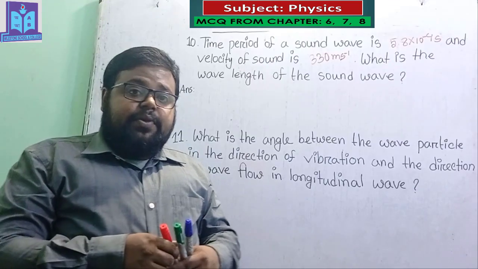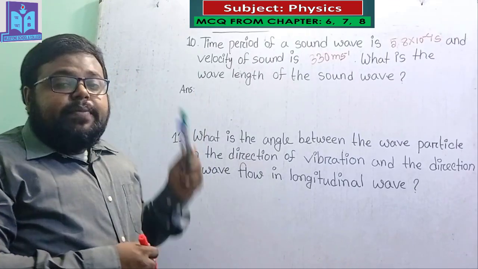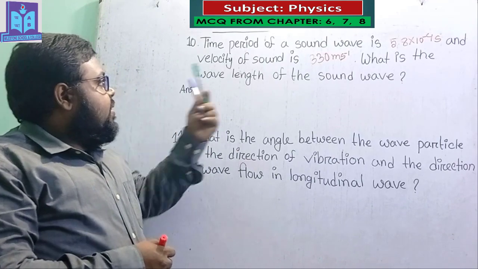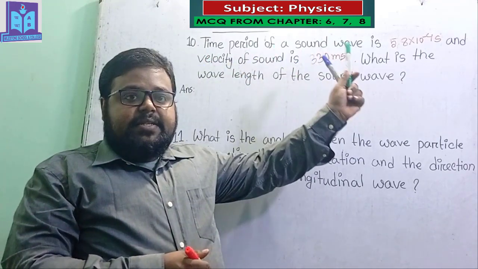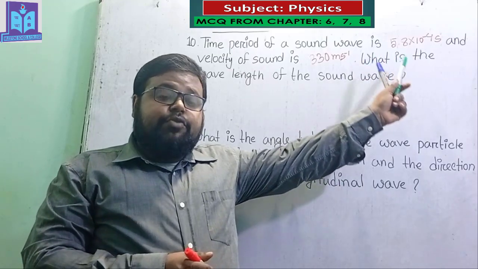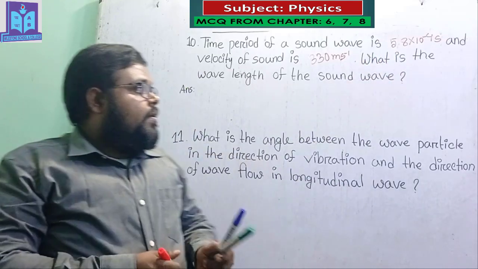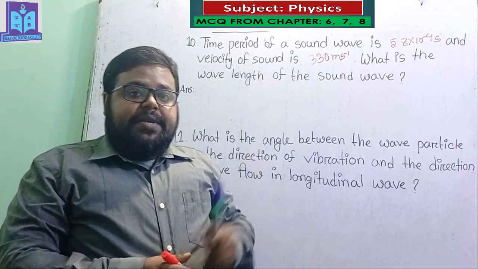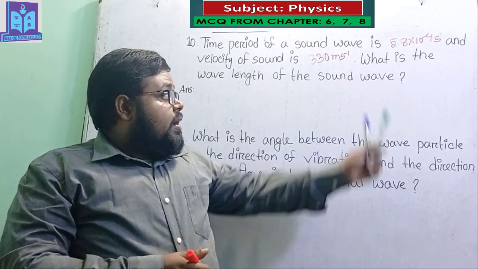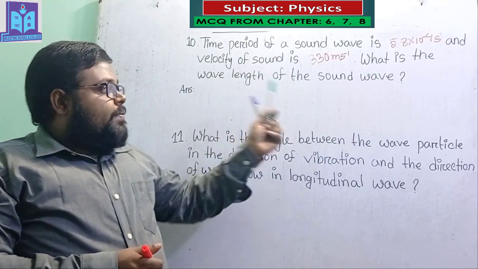Dear student, this is number 10 question, and the question is, the time period of a sound wave is 5.8 into 10 to the power minus 4 seconds, and the velocity of sound is 330 meter per second. What is the wavelength of the sound?